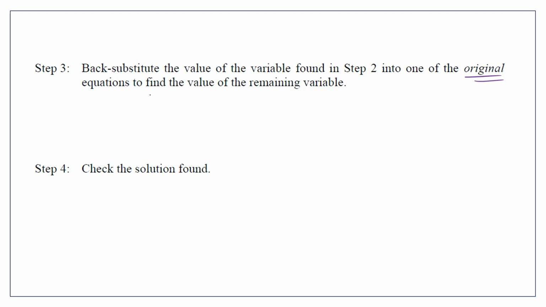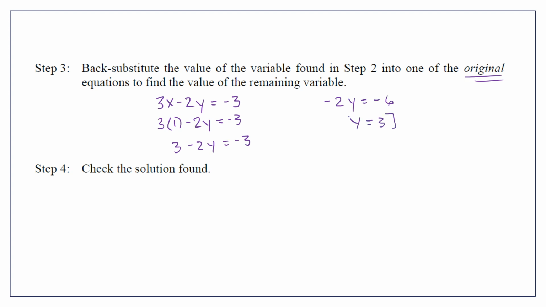So equation number 1 is 3x minus 2y equals negative 3. And I'm going to substitute in 1 for x in order to find my other variable. So I have 3 minus 2y equals negative 3. So negative 2y equals negative 6. So y equals 3. So now I have my x coordinate and I have my y coordinate.